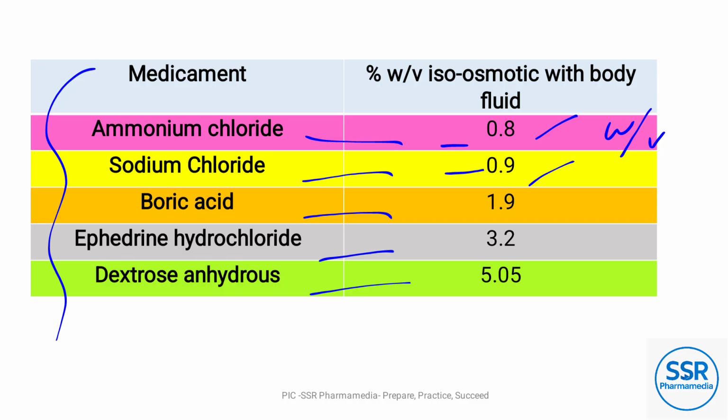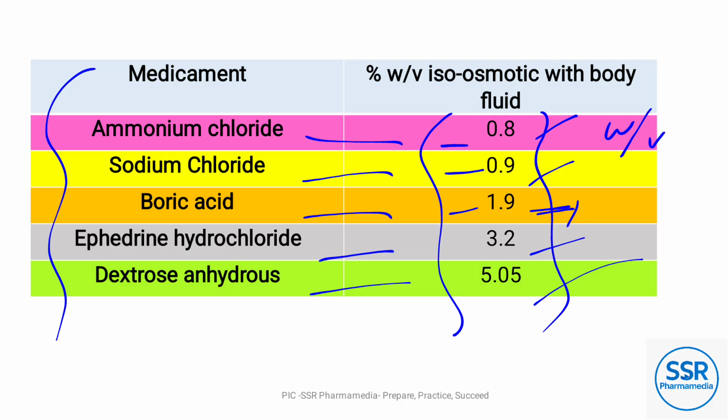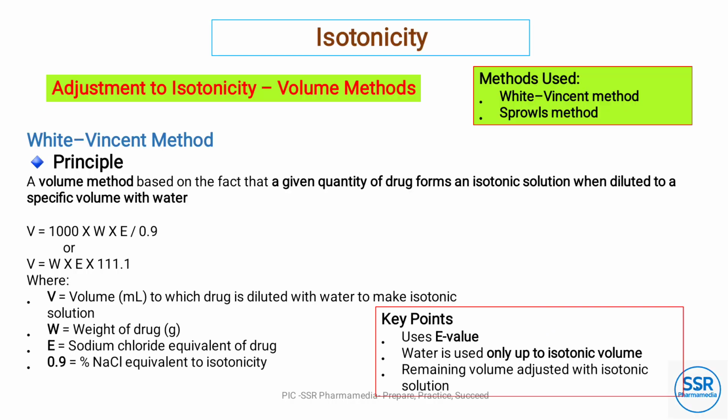Boric acid, 1.9 grams in 100 ml, gives an isotonic solution. Ephedrine hydrochloride, 3.2 grams, makes the solution isoosmotic with body fluid. Dextrose is 5.05. It is very important; they repeatedly ask it in different competitive exams.